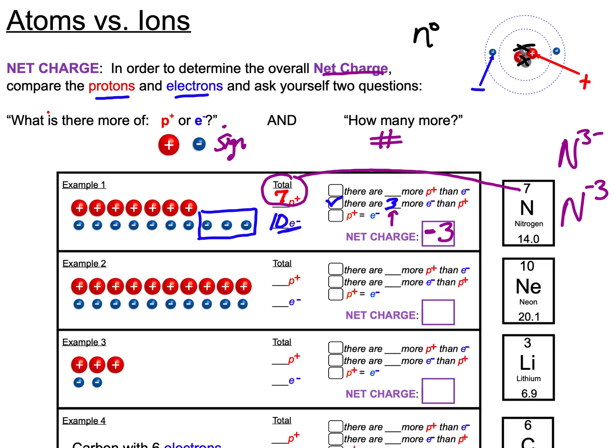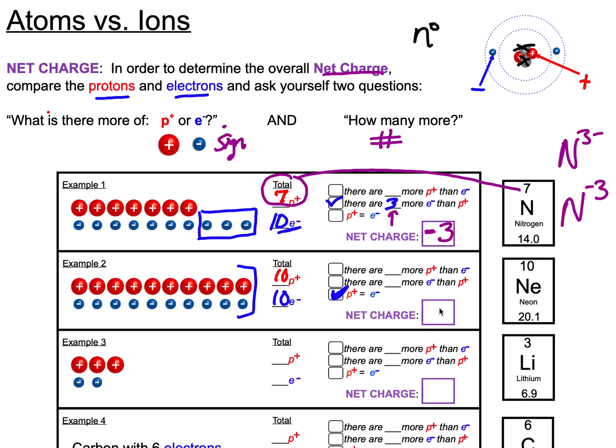All right, let's look at the next one. If we count everything up, there's 10 protons. And if you count all the electrons up, there's 10 electrons. So it looks to me like these are balanced. There's no extras. So that means there's no overall charge. So we're not going to use this line. We're going to say over here, protons equals electrons, 10 of each.